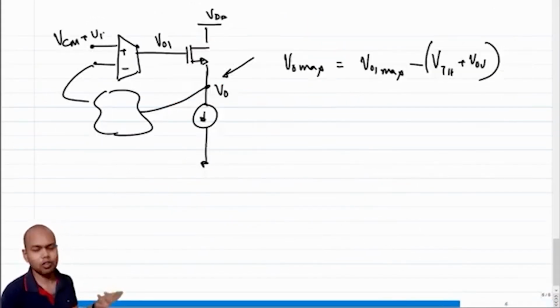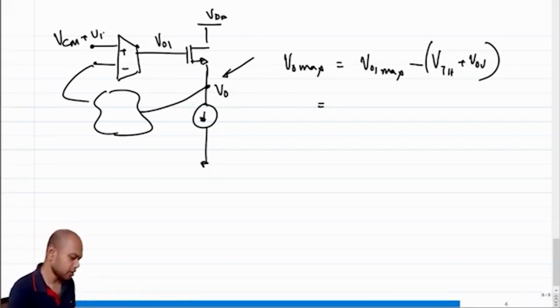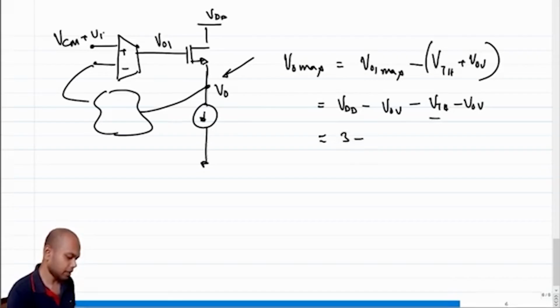I am assuming all the overdrives and threshold voltages are identical. They not necessarily be the case, but at least they will be in the ballpark range, right? So VO1 max becomes VDD minus 1 V overdrive. This becomes minus threshold voltage minus V overdrive. So this is approximately 3 minus, this is let's say 0.5, and 2 overdrive is like 400 millivolts.